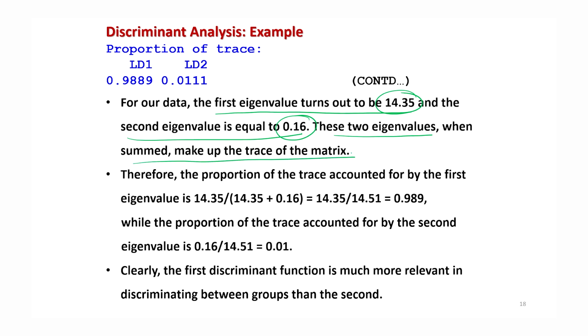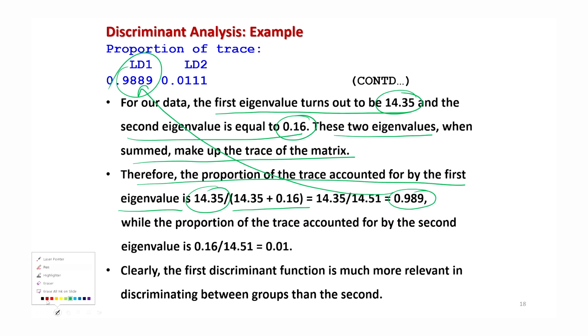The proportion of trace accounted for by the first eigenvalue is 14.35 divided by 14.35 plus 0.16, which comes out to 0.989, as indicated here. Similarly, for the second, it is 0.16 divided by 14.35 plus 0.16, which comes out to 0.01, and this 0.01 is indicated here in LD2.